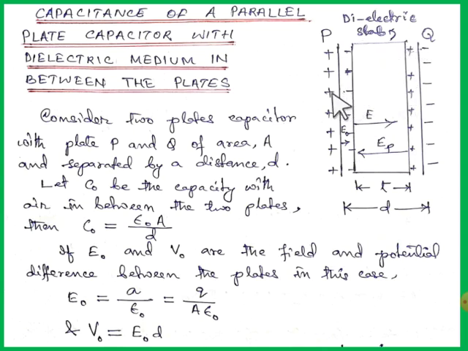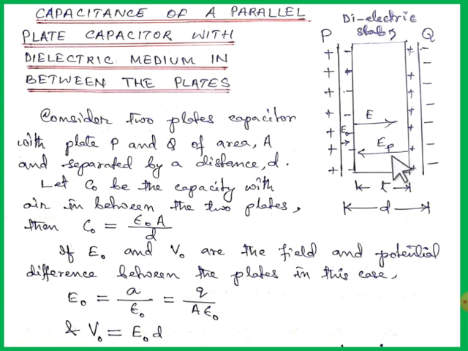Near the positive plate, negative charge will be developed onto the surface of the dielectric slab, and similarly near the negative plate, opposite charge will be developed onto the surface of the dielectric slab. So what happened? An electric field will be developed inside the dielectric medium.